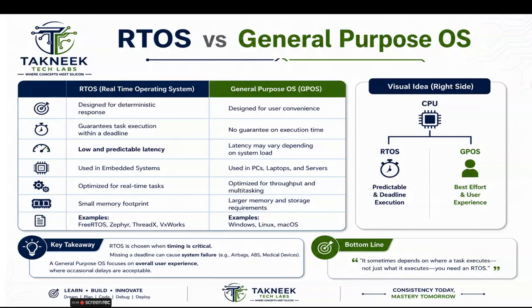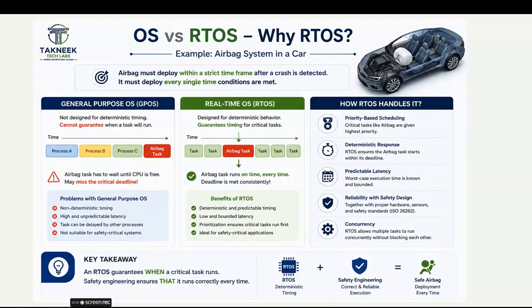I'll give you an example. Suppose you have a car, and every car nowadays has something called an airbag. The airbag has two requirements if it is running on an RTOS. First, it should open within a time frame, in some milliseconds.